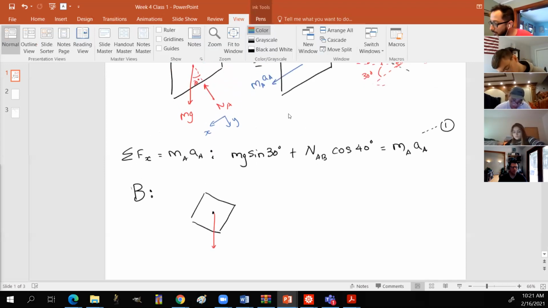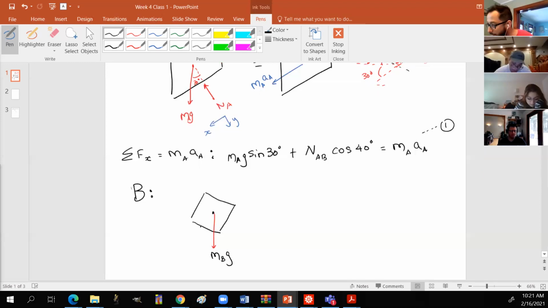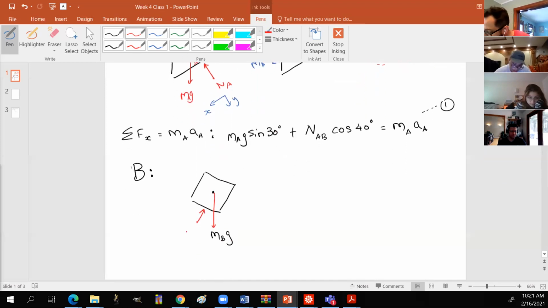You know what? I should have said that this guy was M subscript A, like that, right? Obviously. Right, so here you have M subscript B, G, like that. And then you have the normal force, which is equal and opposite to the one we had, but obviously we're smart and we knew this, right?